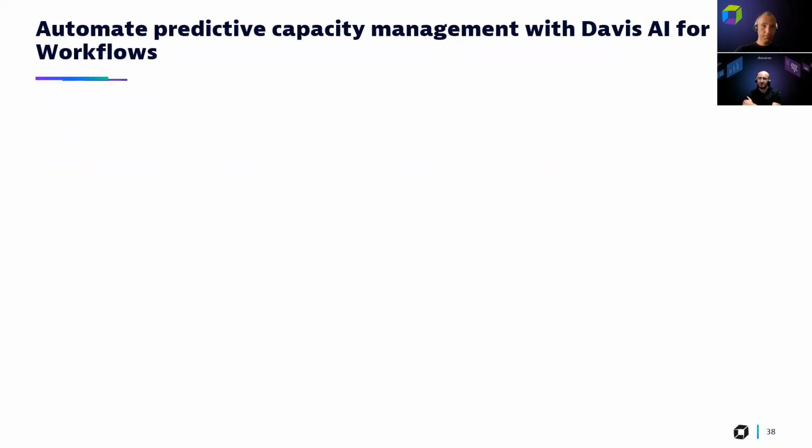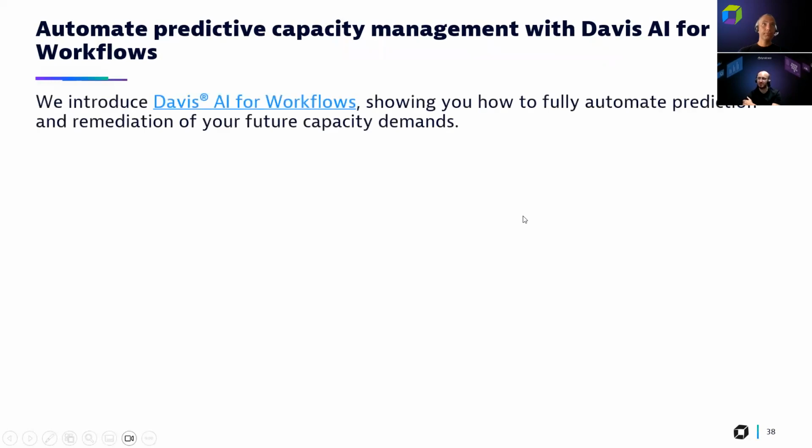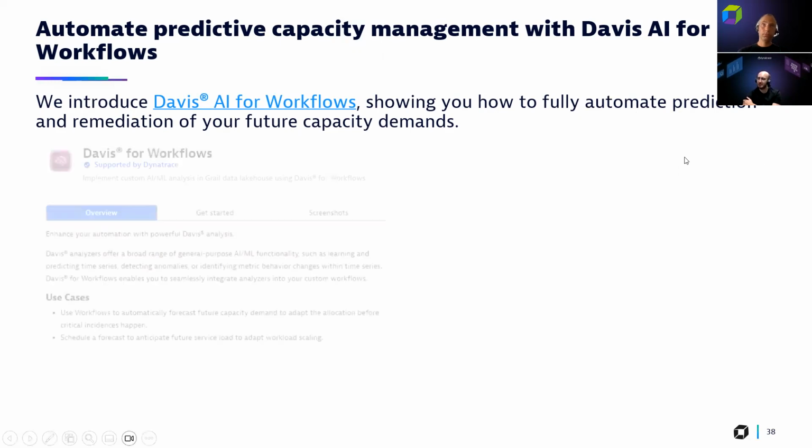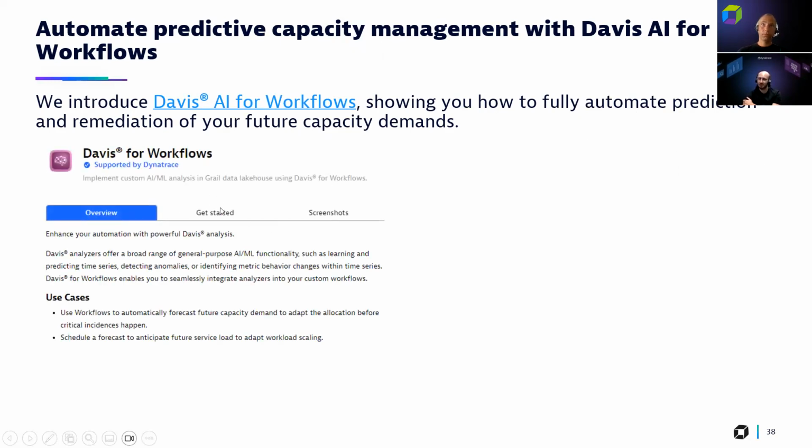The last one, from Wolfgang Beer, is the blog post on automated predictive capacity management with Davis AI for workflows. In this section, we provide step-by-step instructions on how to set up Davis AI for workflows to predict future capacity shortages. As you see, this is an application available in Dynatrace Hub.